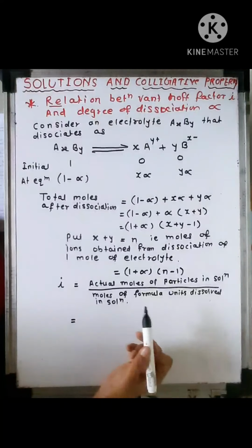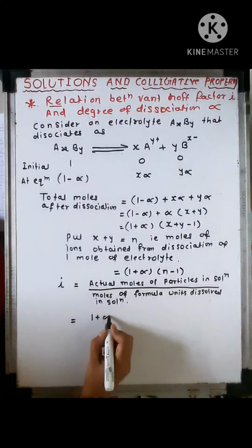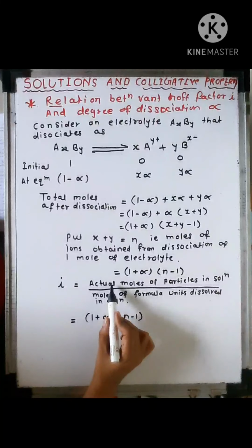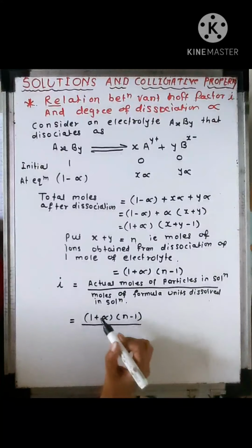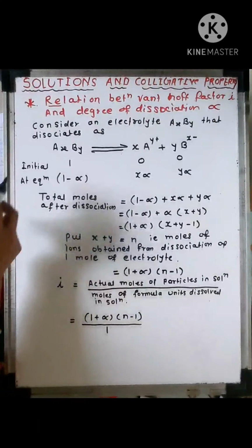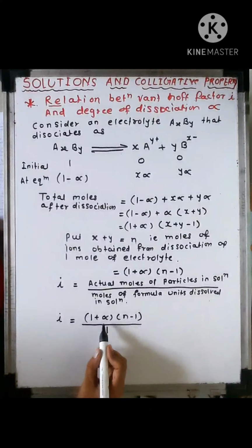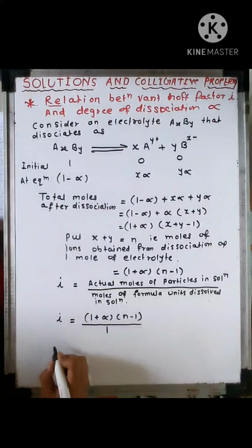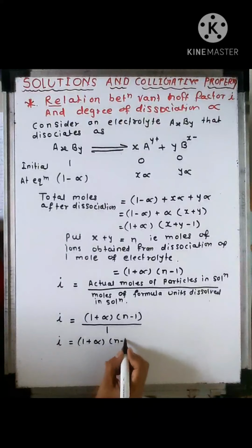After dissociation, the actual moles are 1 plus alpha into N minus 1. These are the actual moles after dissociation, and the moles of formula units dissolved in solution is 1 mole of AXBY. Therefore, I is equal to 1 plus alpha into N minus 1. If we divide by 1, there is no effect. So I is equal to 1 plus alpha into N minus 1.